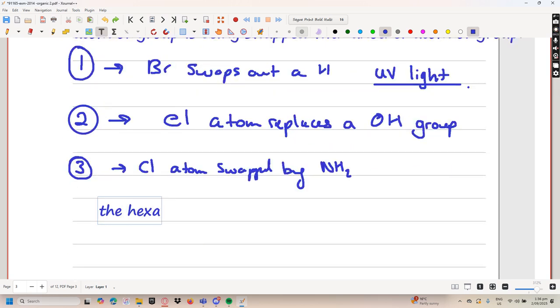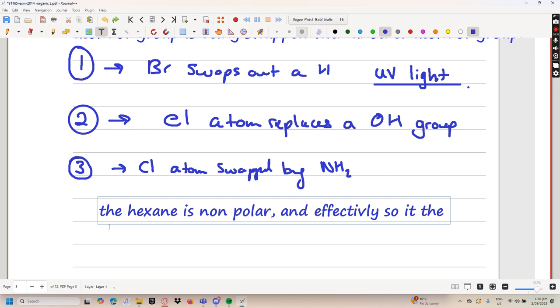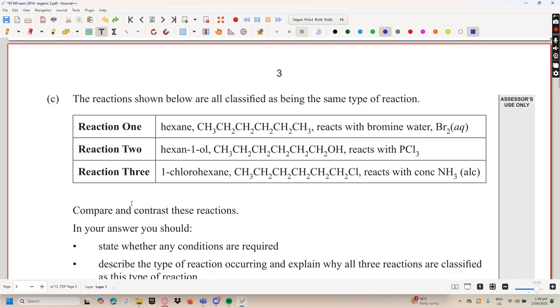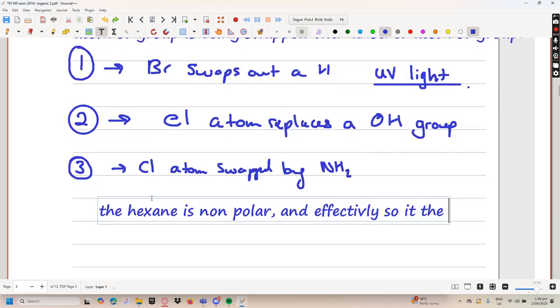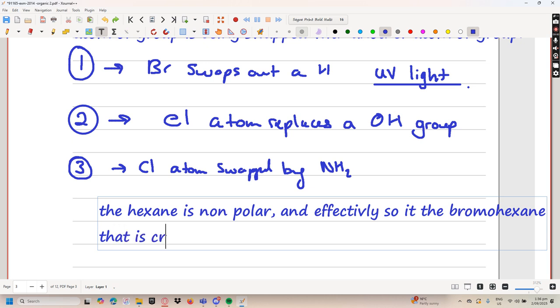So the way you can put this is the hexane is non-polar, and effectively so is the bromohexane that's created. Bromohexane is pretty big and it's not that polar. It's got a really large chain, and sure it has a bromine on the end, but pretty large chain.